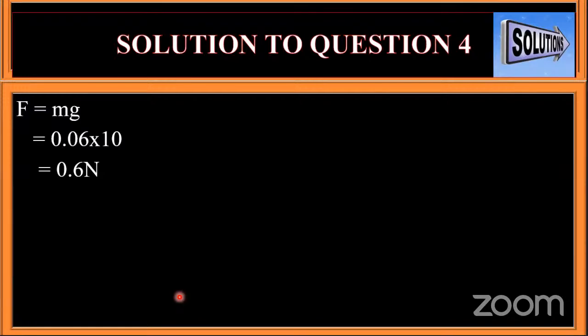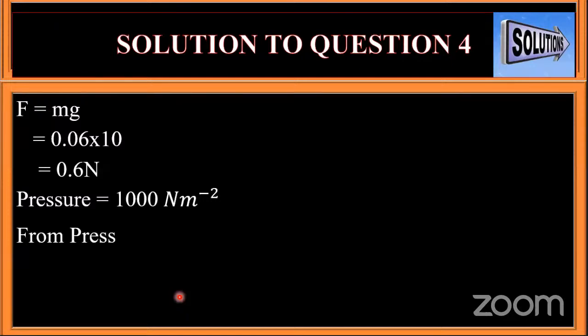Yes. Good. Now, remember, in the question, the pressure was already given to us as 1,000 newtons per meter squared. So they want us to get the area. So we say pressure equals force over area.